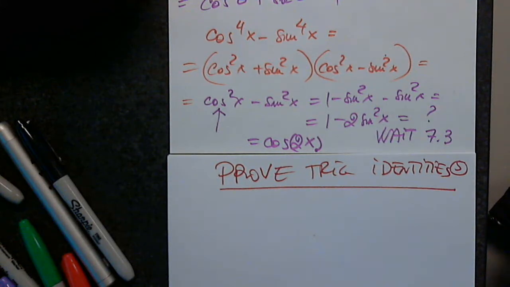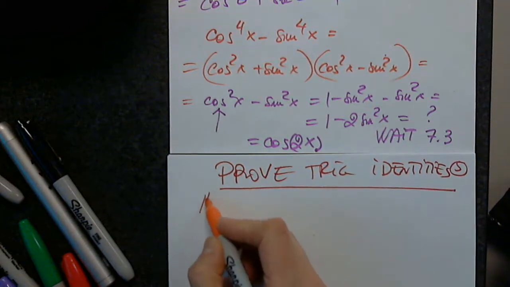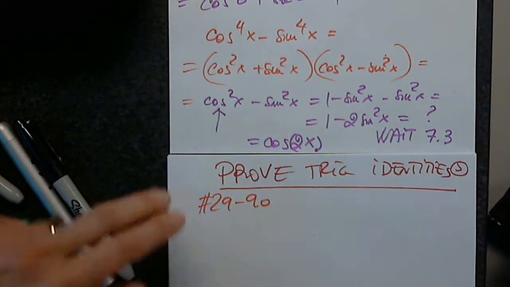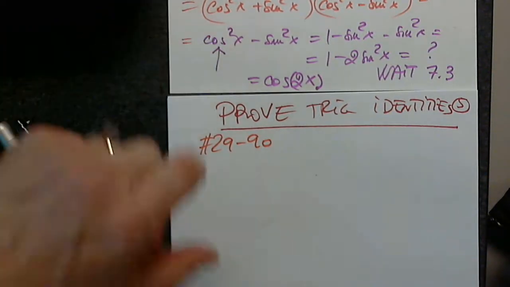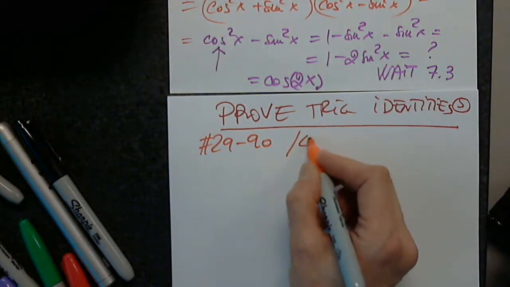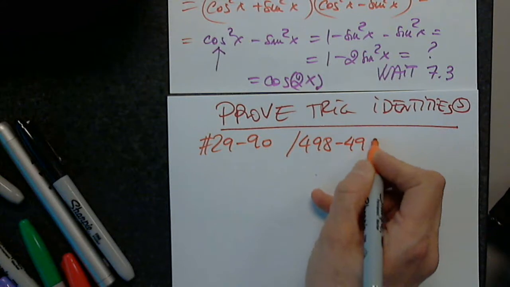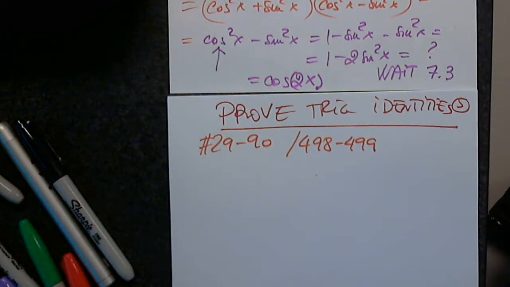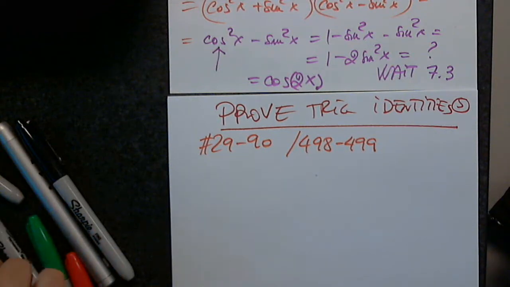So anything you'd like to pick from 29 through 90. Same page, 498, 499. Anything you want. Number 29 it is.